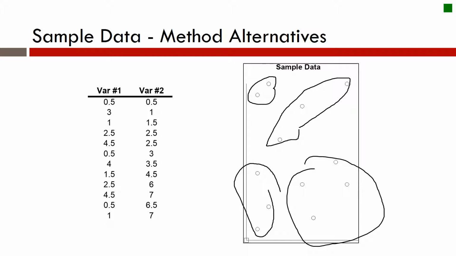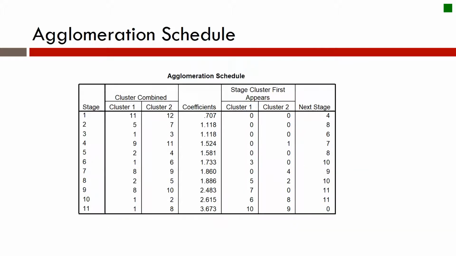We have two variables, variable 1 and variable 2, and if we move forward and look at what some of these approaches may look like, they'll be based roughly on the agglomeration schedule. This is a table reported within our results that takes us stage by stage through the hierarchical process.